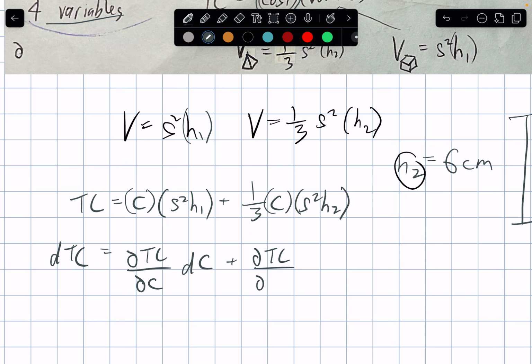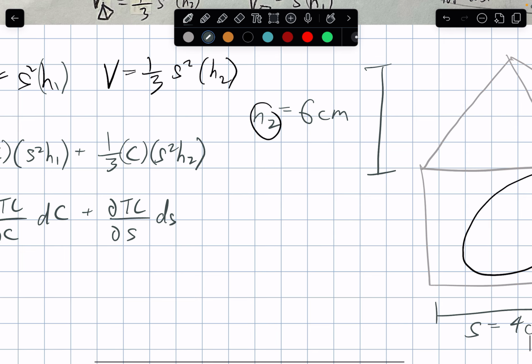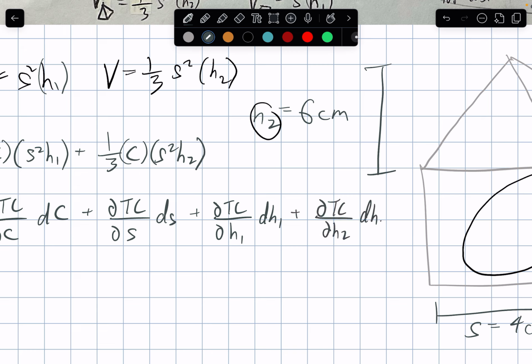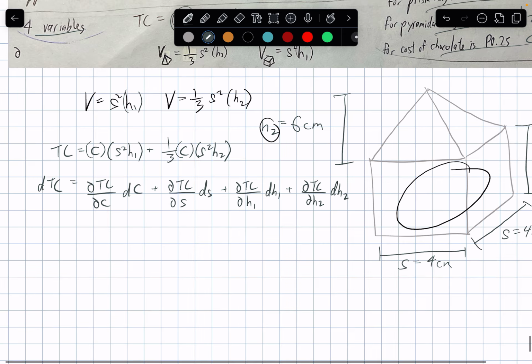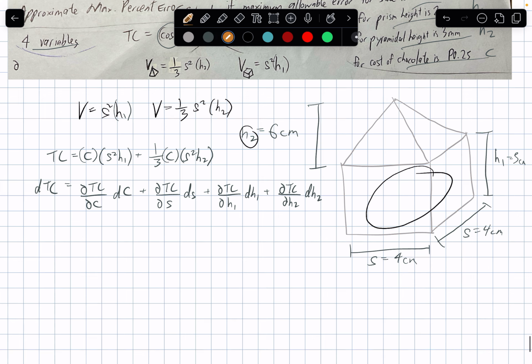Partial Tc over partial S, that's for the sides of the prism base. Partial Tc over partial H1, the height of the prism base, and the height of the pyramidal figure. So this is the one. Now we identify each one specifically, each of these 4.